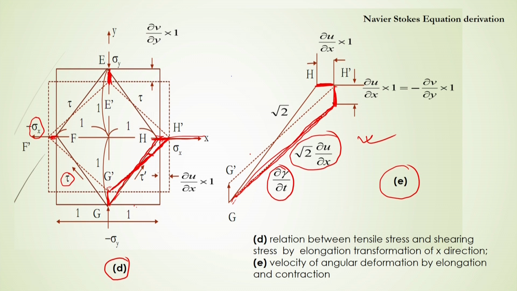Since the contraction in the y direction is in the negative direction, it will be represented by a negative sign, minus dou v dou y. Now, the elongation and contraction are the same, so dou u dou x into 1 will be equal to minus dou v dou y into 1. So contraction and elongation are the same in scalar size.